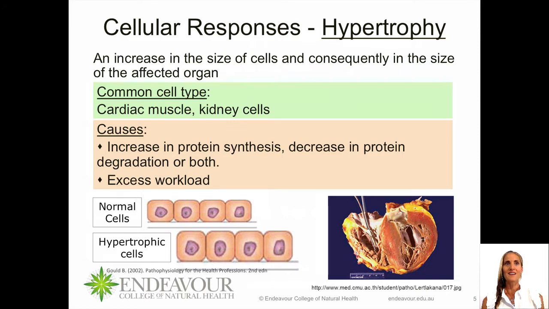This can be compared with a non-pathological example such as cardiac or skeletal muscle hypertrophy due to athletic training. It's not necessarily an issue for athletes, because they need their heart to be strong and pump lots of blood around their body, and they need their muscles to be strong, and they need those larger cell sizes in those tissues.